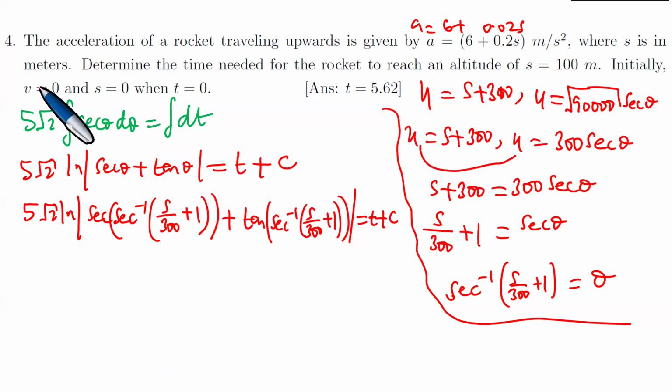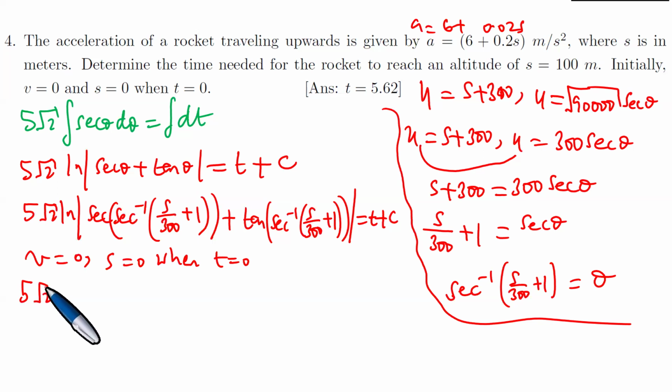But we have these initial conditions: v is 0 and s is 0 when t is 0. Which means that we have 5 square root of 2, the ln of the secant of the arcsecant of the following. This is exactly what we are able to achieve.